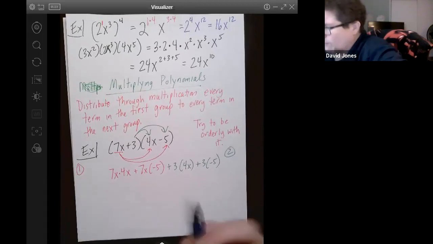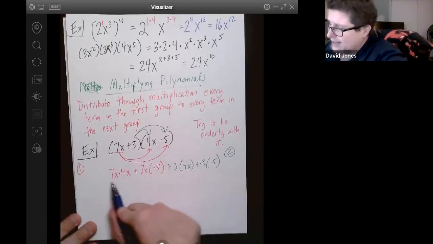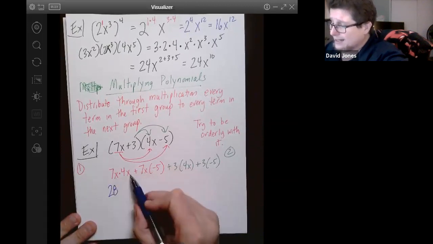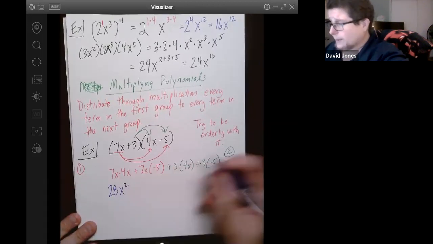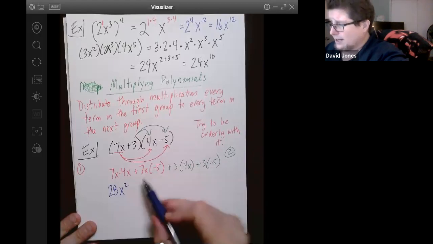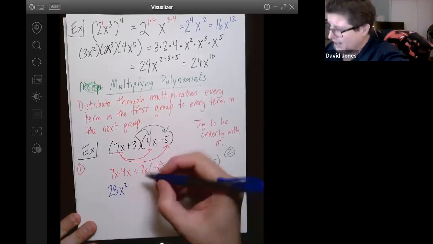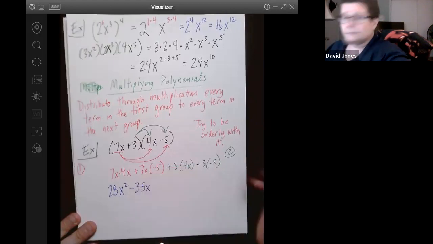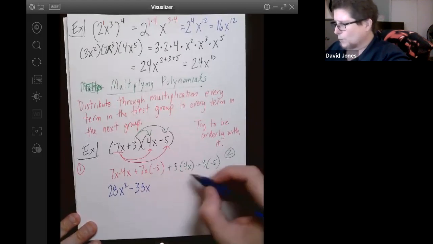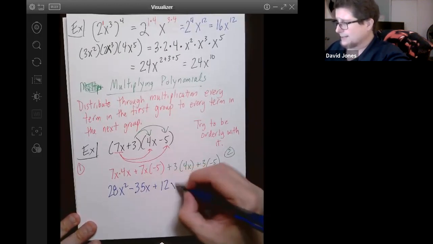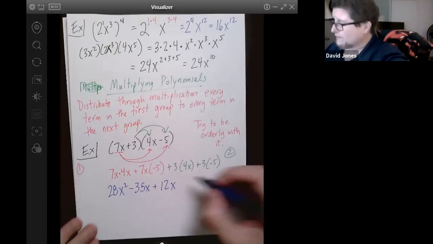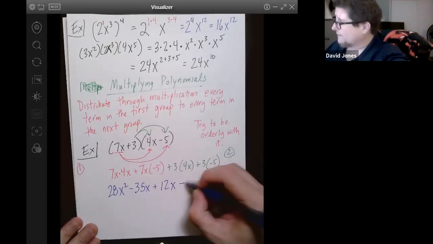Remember, we multiply coefficients separately. 7 times 4 is 28. X times x is x squared. Then I've got 7x times negative 5 is negative 35x. 3 times 4 is 12, and then we've got an x. And then 3 times negative 5 is negative 15.